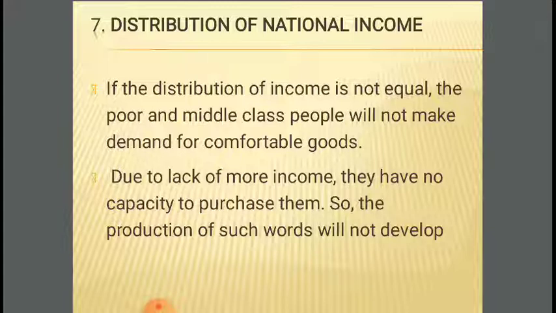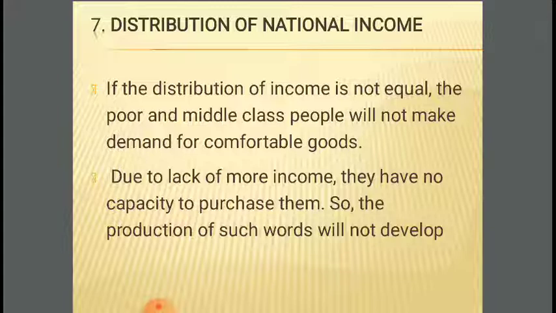See, it is not national income, but it is the distribution of national income that affects the demand and production in the economy. What is the distribution? Generally, we assume that any country is having three classes of the population: rich class, middle class, and poor class. If national income is distributed evenly, then there will be a classless society.